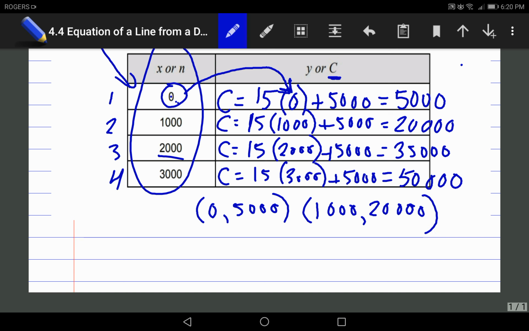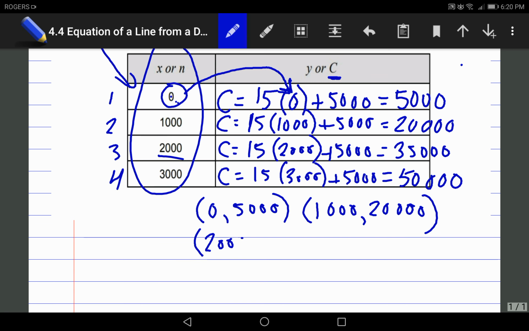They're just the coordinates x and y. My third point would be 2,000, 35,000. And my last point would be 3,000, 50,000. And that's it. Okay, so you would now be able to graph that.